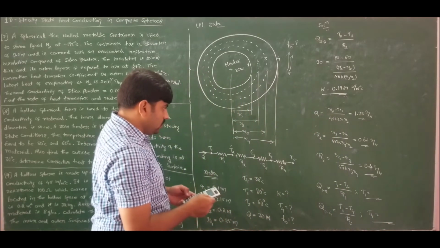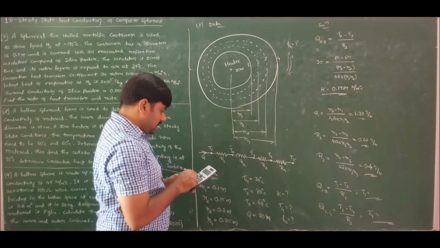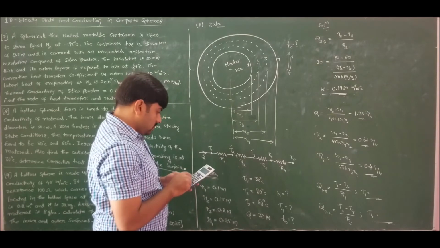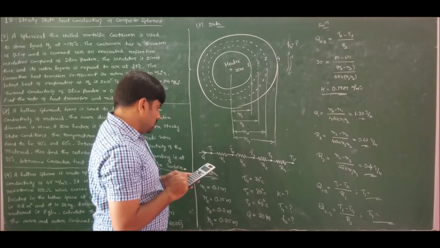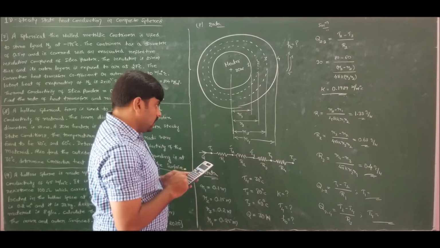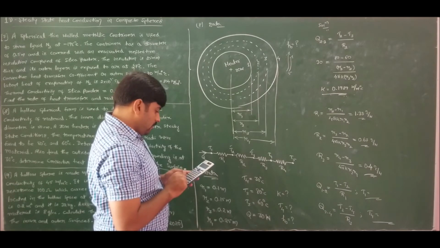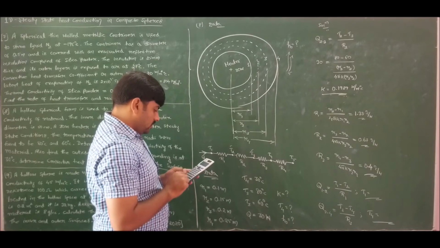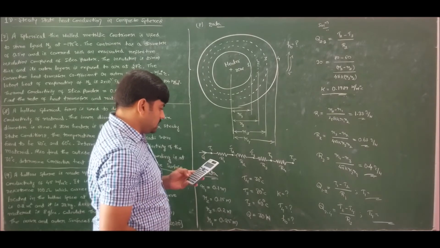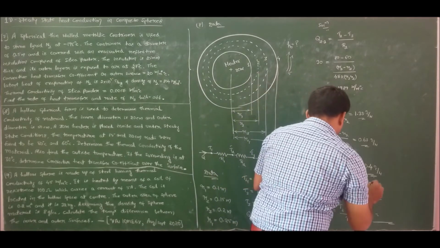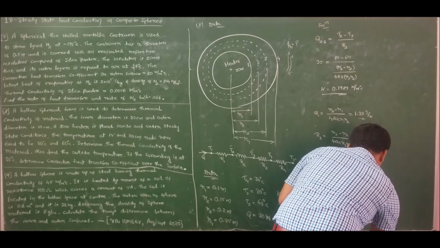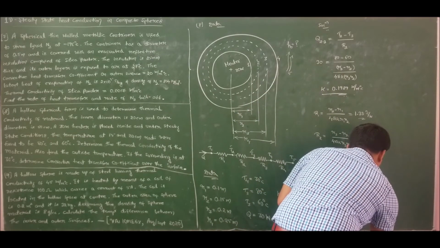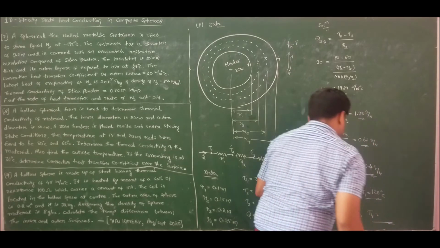You know the value of Q. Q is given for us, which is 30 watts. 30 is equal to T1, which is unknown, minus T2, which is known, 80, divided by R1, which is 1.33. If I solve, I will get 119.9. I can take it as 120 degrees Celsius.